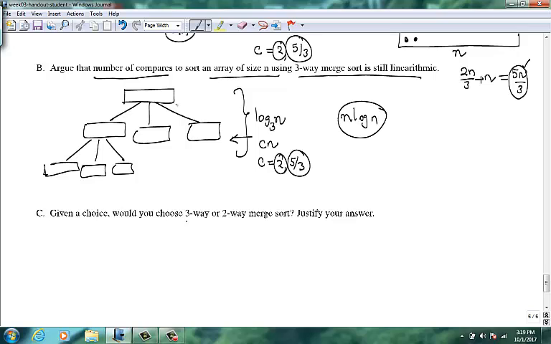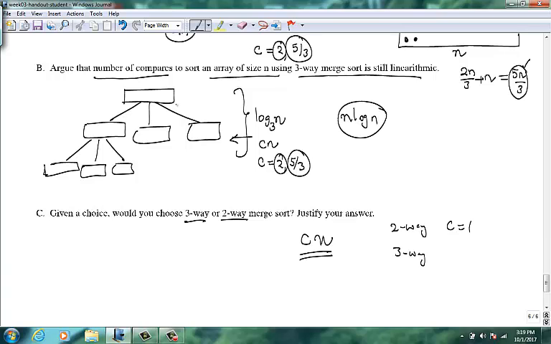The next one asks whether we would choose three-way or two-way merge sort. Now, the way we think about merge sort is that all the work is done at the merge level. So in a two-way merge sort, the C is 1, as we saw in the lectures.